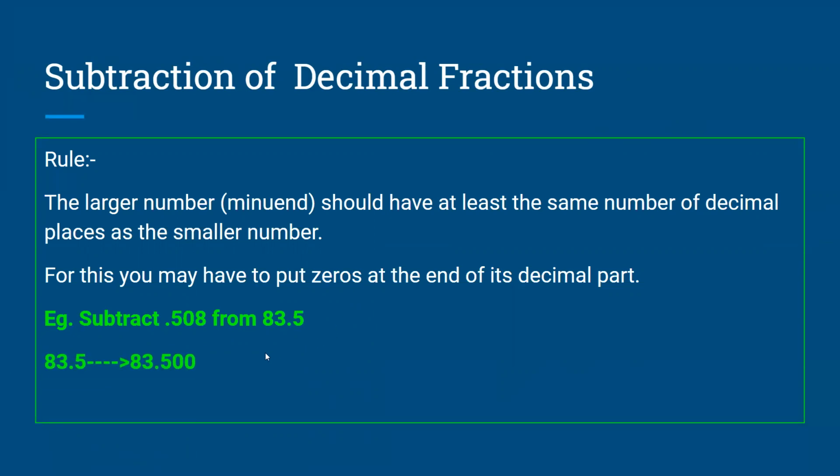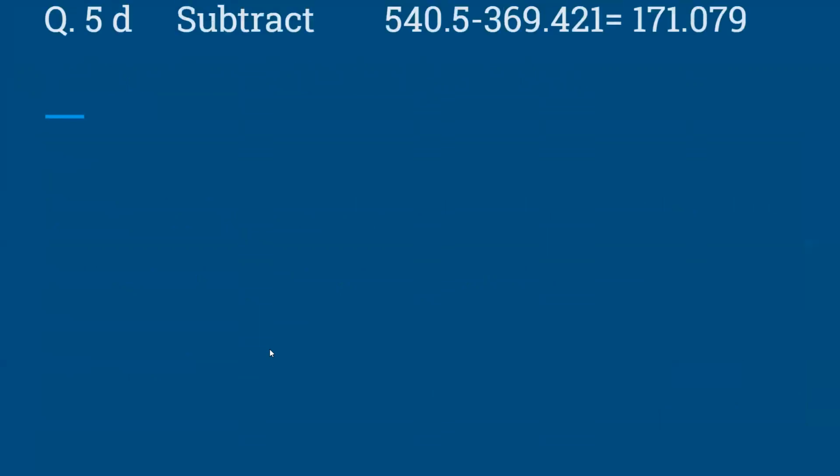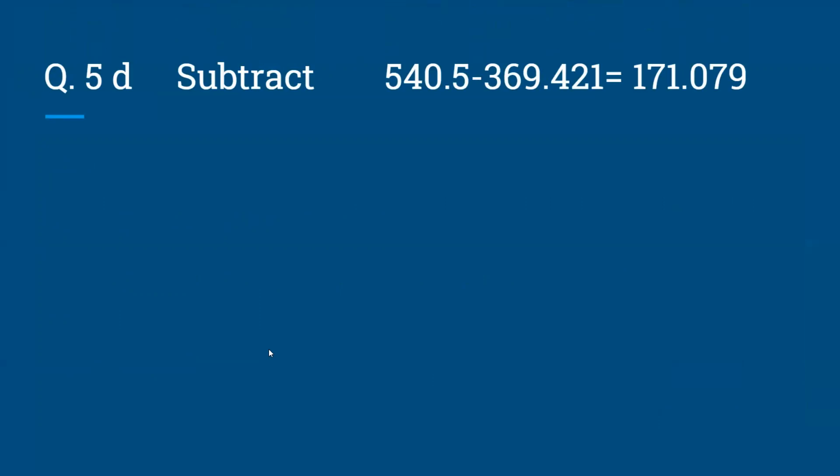Here, 83.5, we can write 83.500 so that in the bigger number and in the smaller number, 3 digits will be after decimal. Now both the numbers have 3 digits after decimal if we put the 2 zeros in the larger number. Let's do the examples so that the subtraction becomes very clear to all of you.